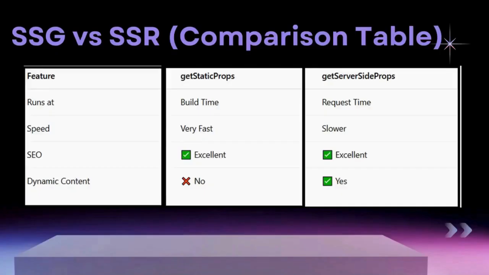Now we go to the SSG versus SSR comparison table. Here the features: runs at build time versus request time. Speed is very fast versus slower. SEO is excellent, and dynamic content is not shown versus showing dynamic content.